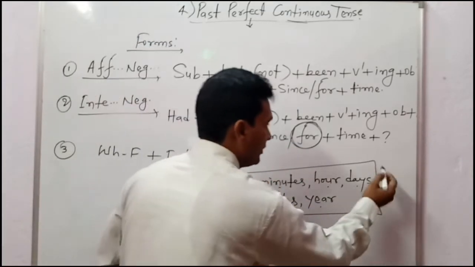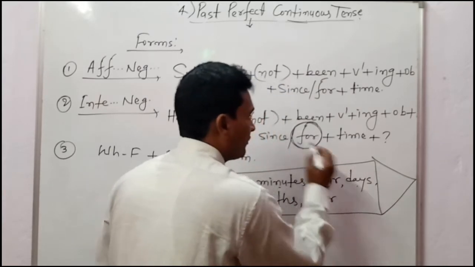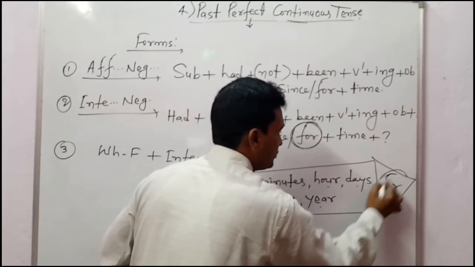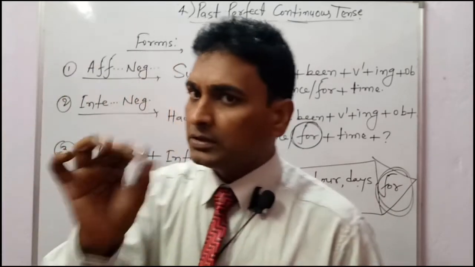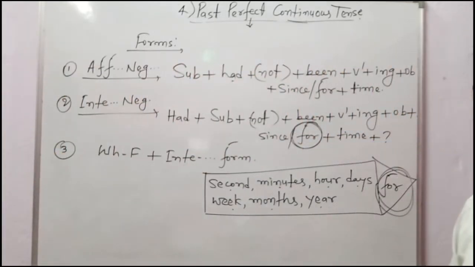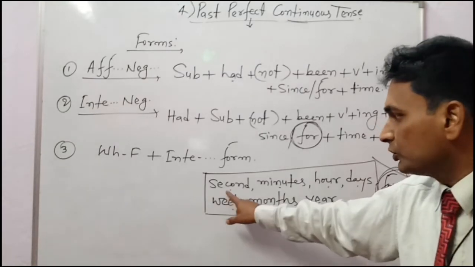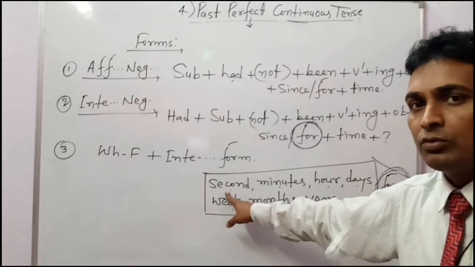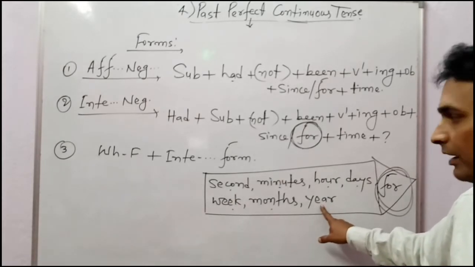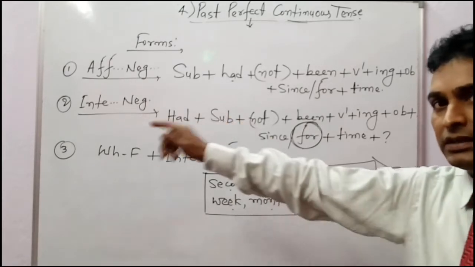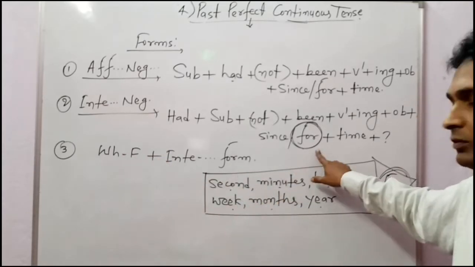You have to go with the what? Period of time, for. What you have to use? For. Always remember. The very simple trick I told you, that is what? You just have to touch the smallest unit of time, then you have to move in ascending order, and till the year you have to come, and if you get one of them in the sentence, you have to go with what?